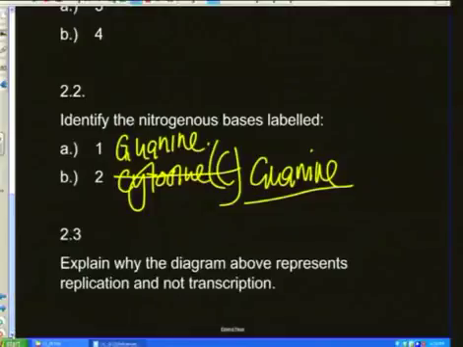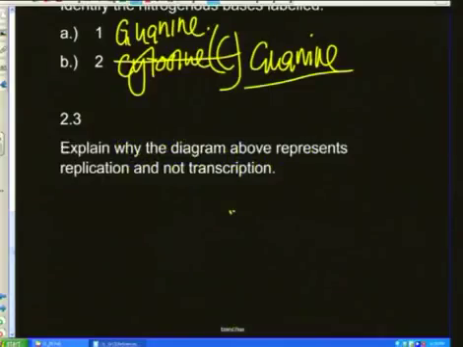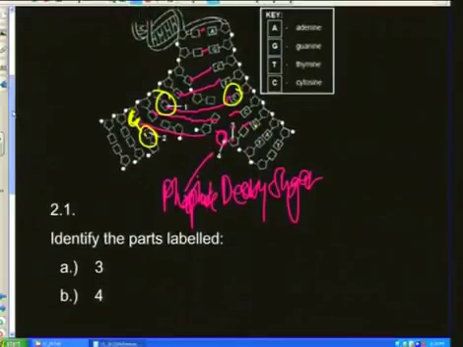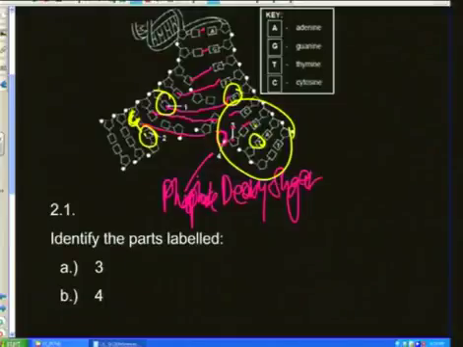Okay? Explain why the diagram above represents replication and not transcription. Why does it represent replication and not transcription? What is happening? What base are you getting here? Thymine. Okay?